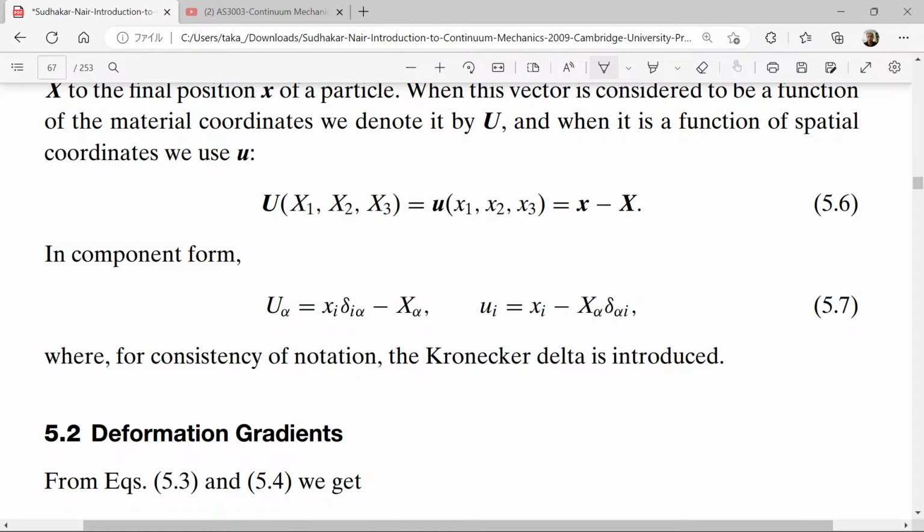In component form, this is interesting. Large X and small x are mixed. Anyway, in component form, U alpha, xi.